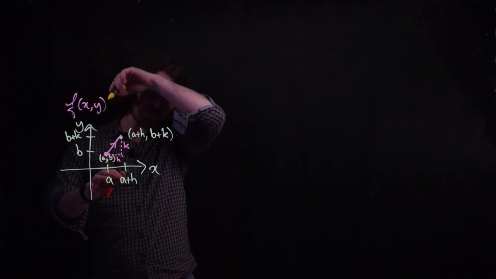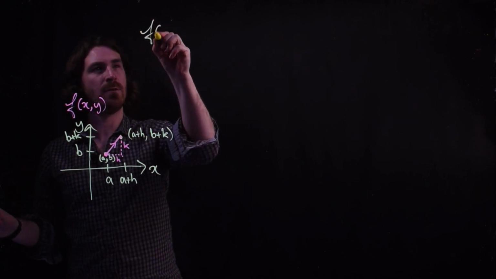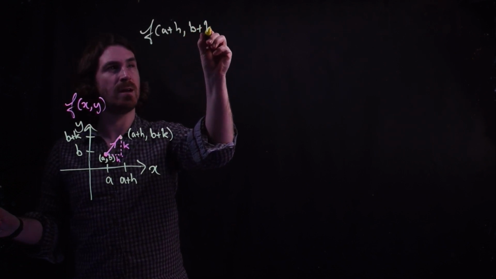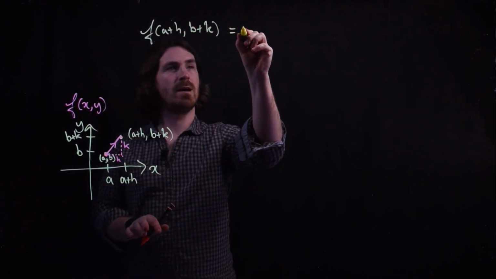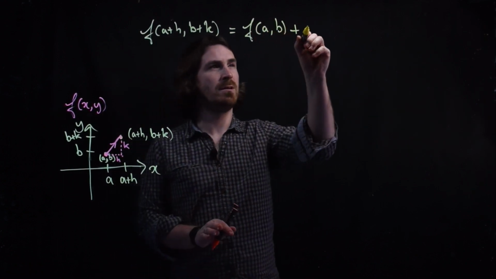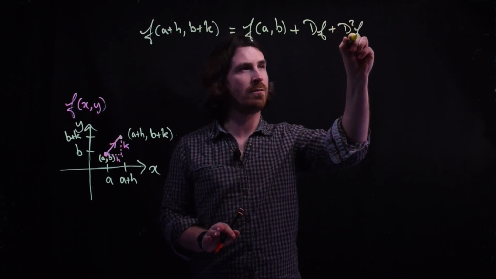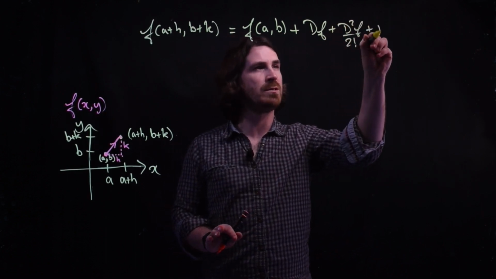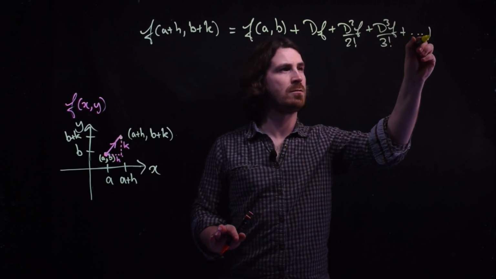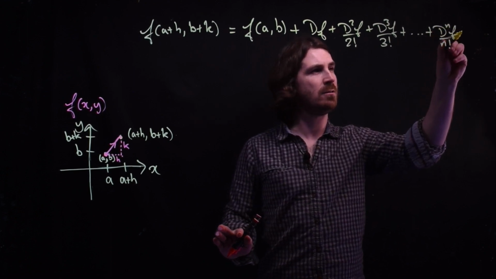Okay, so we saw that for a function of two variables, we can write f of a plus h, b plus k as f a b plus d f plus d squared f over 2 factorial plus d cubed f over 3 factorial, plus d to the n f over n factorial, and so on.